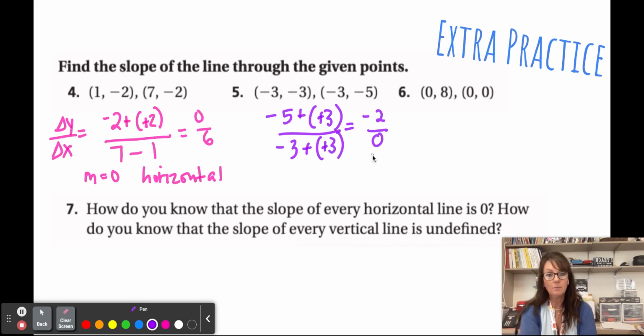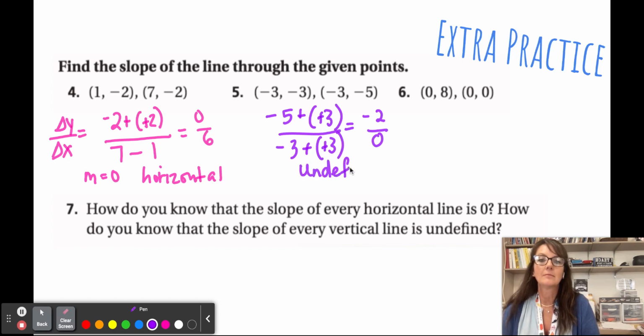And there's this rule in math where we cannot divide by 0. Not sure if anybody's ever explained that to you, but it does not make mathematical sense. It is called undefined. And an undefined slope is the slope of a vertical line.